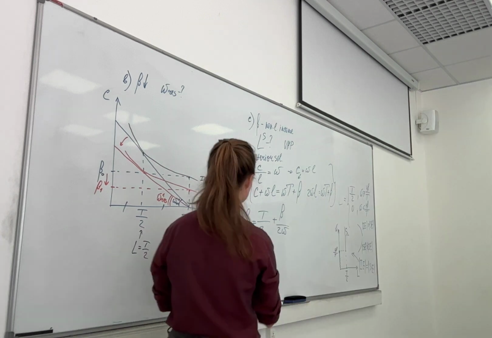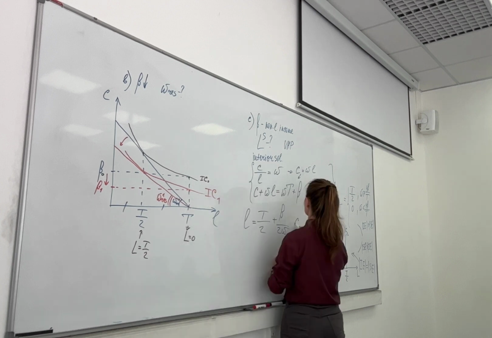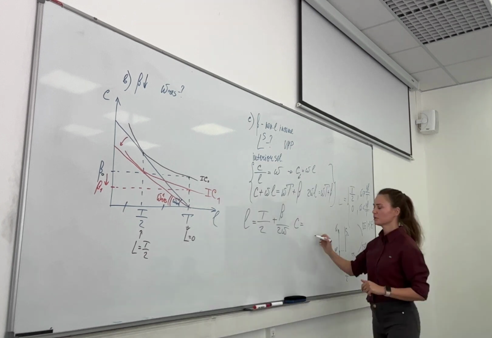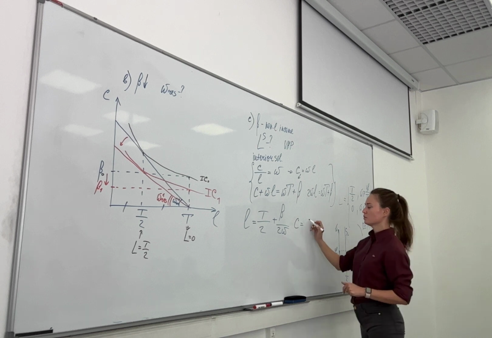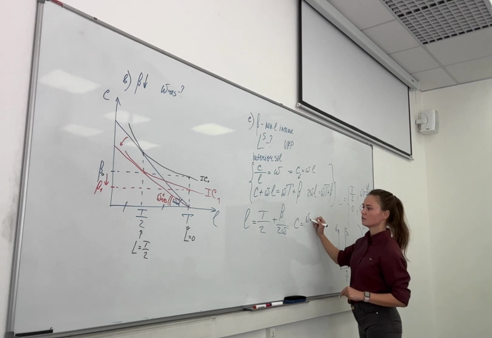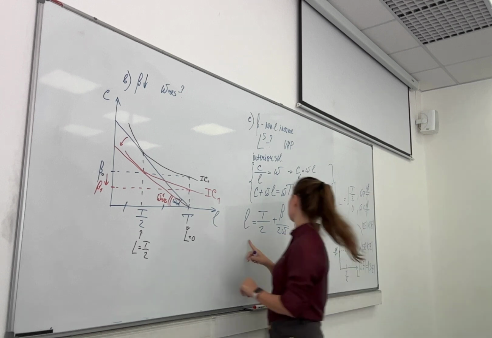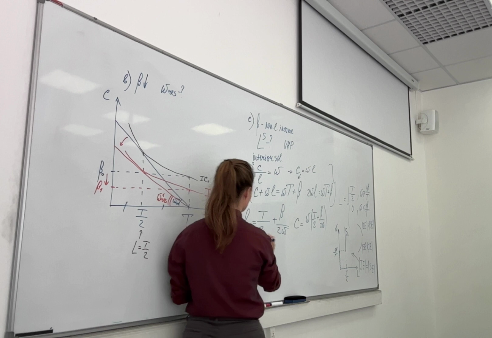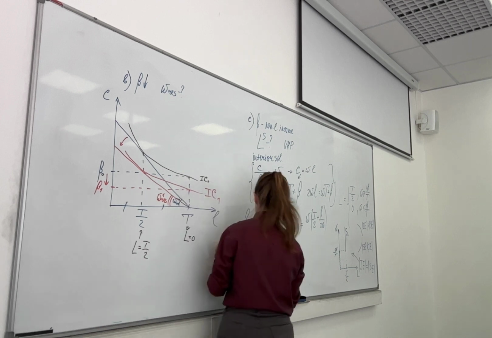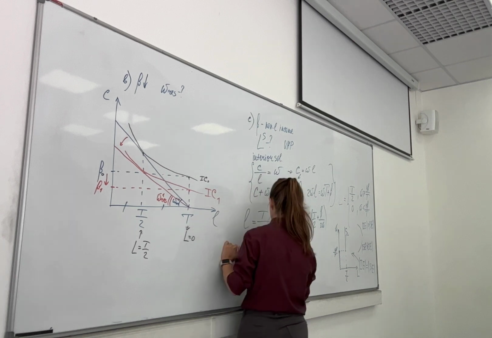But we should find what? We should find labor. But first of all, consumption is wage multiplied by labor. Wage multiplied by leisure. This is T over 2 plus beta over 2 wage. And part of labor supply is time minus leisure.